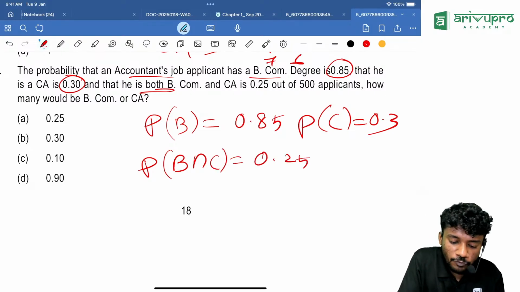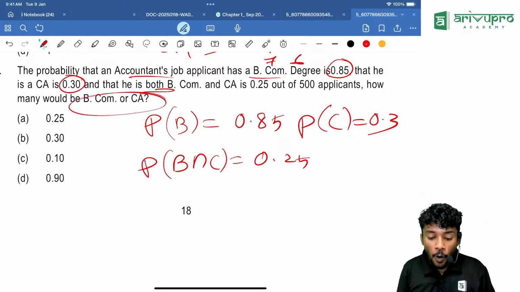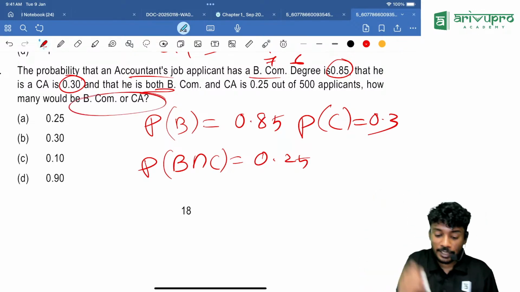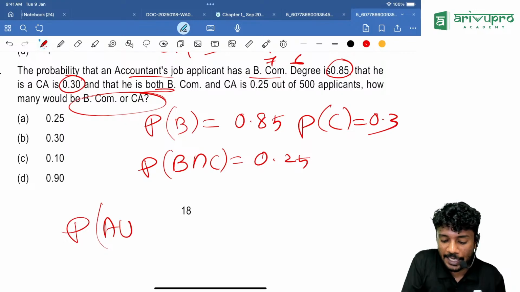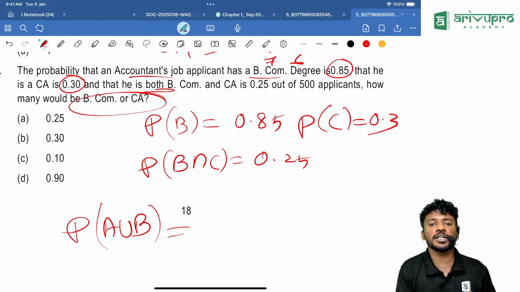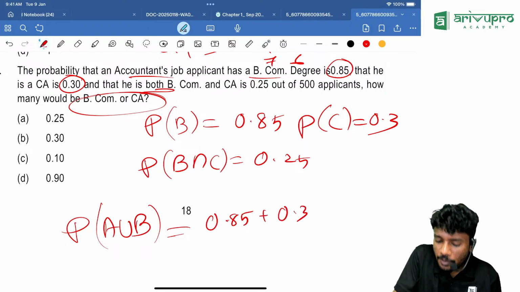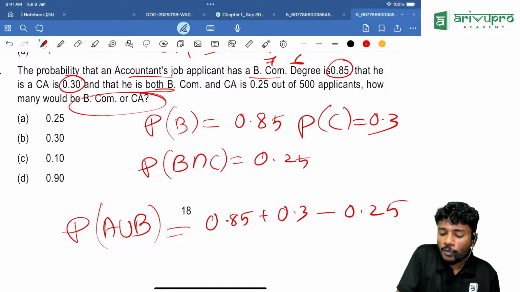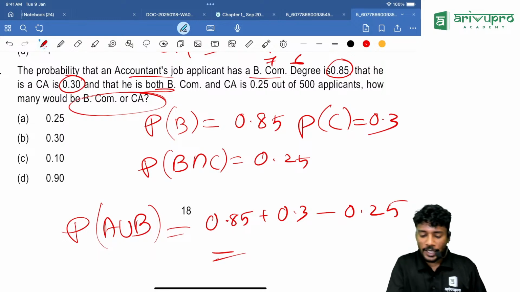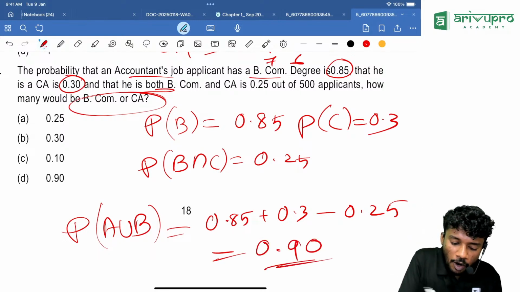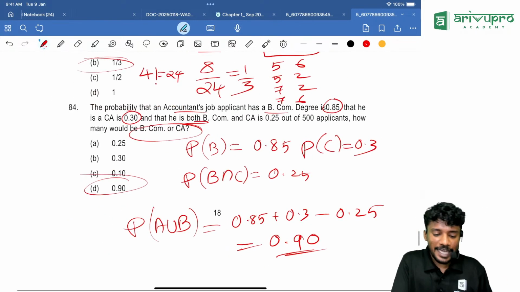Then how much would be BCom or CA? Whenever 'or' is coming, we are finding P of A union B, which is equal to 0.85 plus 0.3 minus 0.25. How much is the answer? 0.90. Option D is our answer.